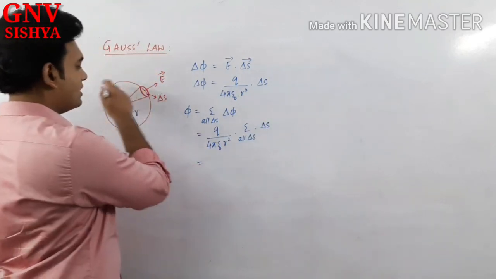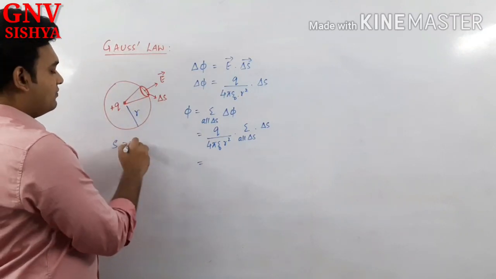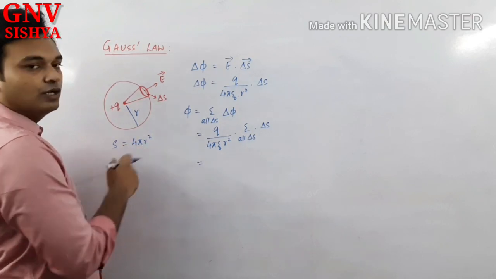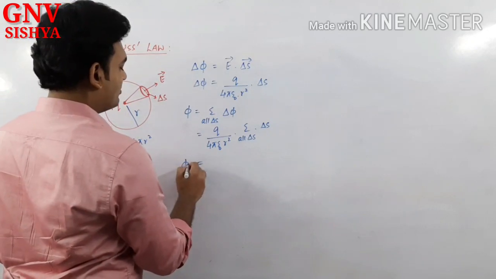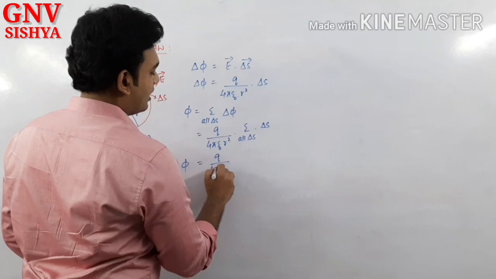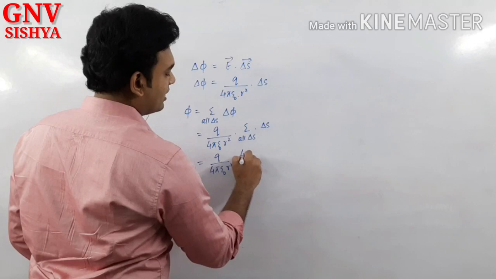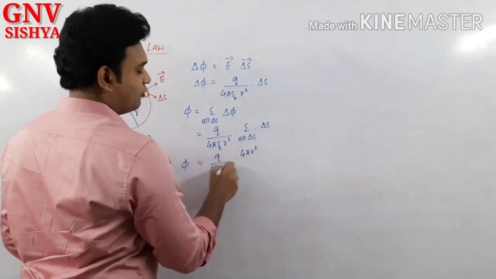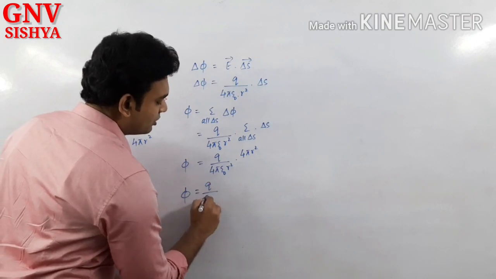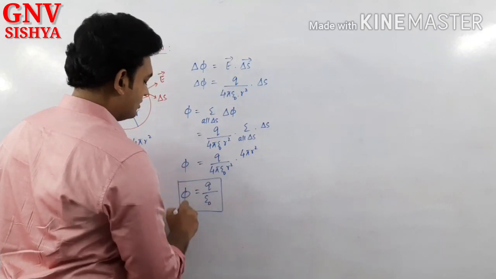What is the total surface area of the sphere? We can write it as S, and for a sphere it is 4 pi r square. So total flux coming out of this surface will be q by 4 pi epsilon naught r square into the total surface area 4 pi r square. Now 4 pi r square and 4 pi r square will get cancelled, and we get flux equal to q by epsilon naught. So this expression is called Gauss's law.